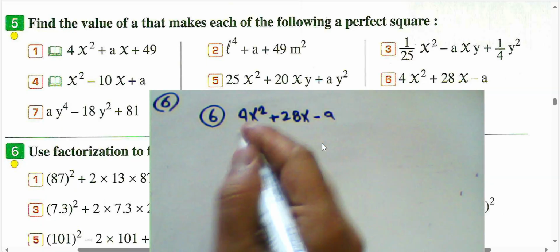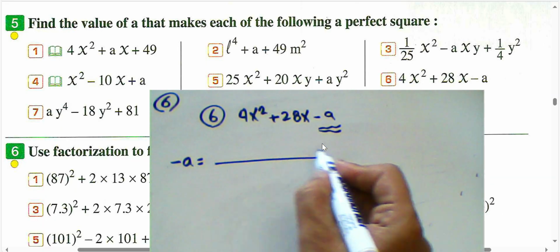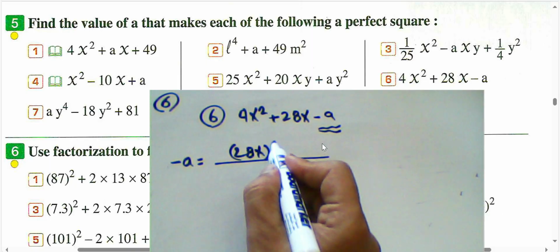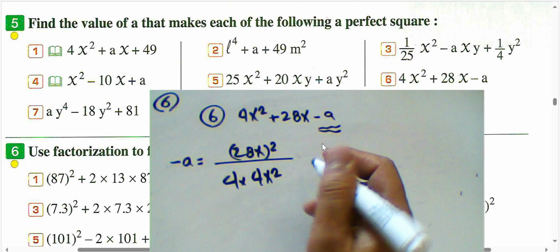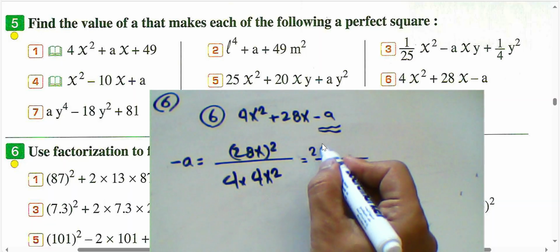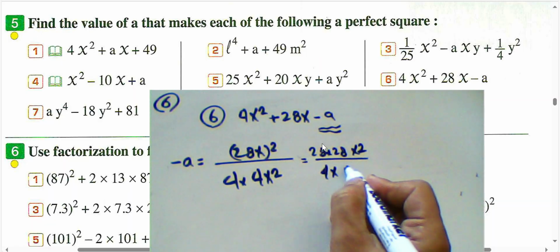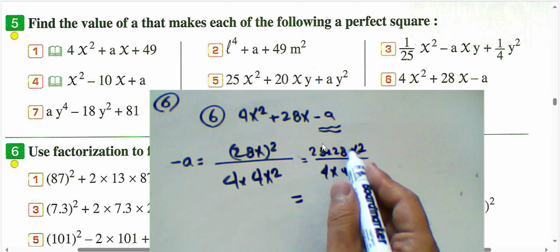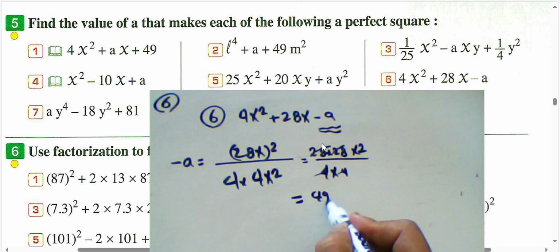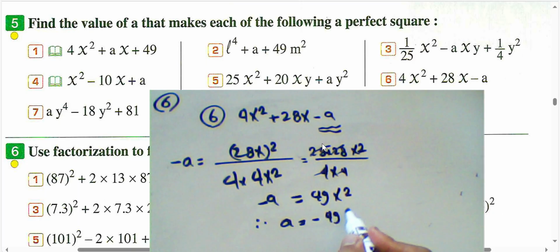Then we can write negative a equals the middle, (28x) all power 2, over 4 product by the third, 4x power 2. 28 power 2, 28 times 28 x power 2, over 4 times 4. 28 divided by 4 is 7, and here 7 times 7 is 49. 49 x power 2 equals negative a. Then the value of a here will be negative 49 x power 2.